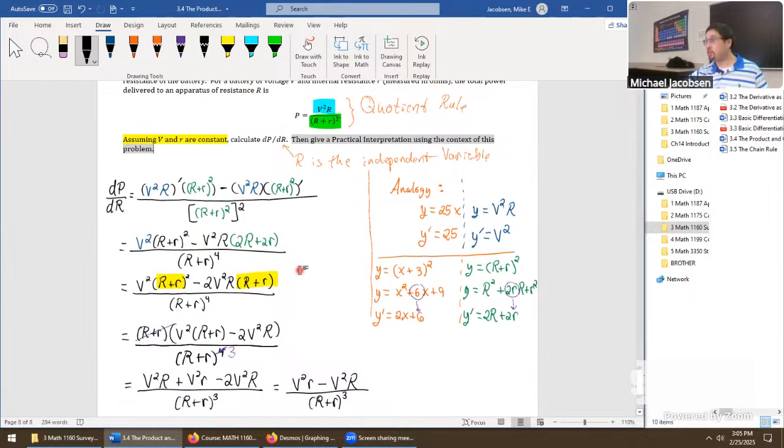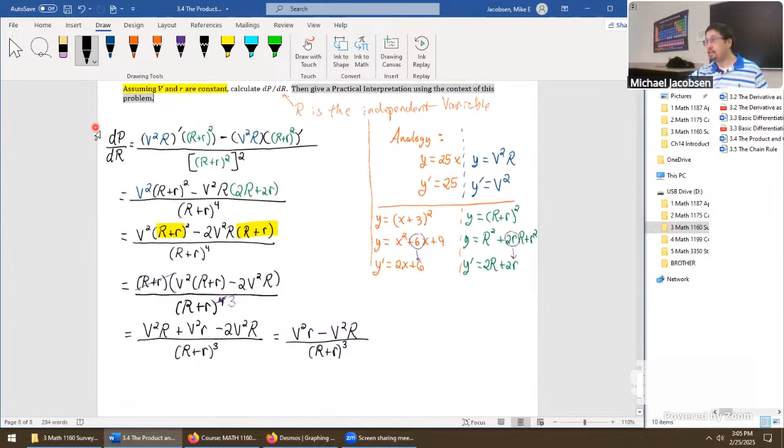Well, let's get that practical interpretation next. Recall what the units are. We have power and resistance of the device.